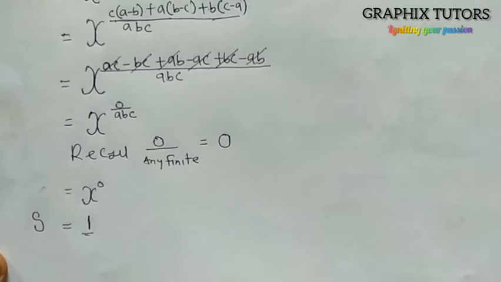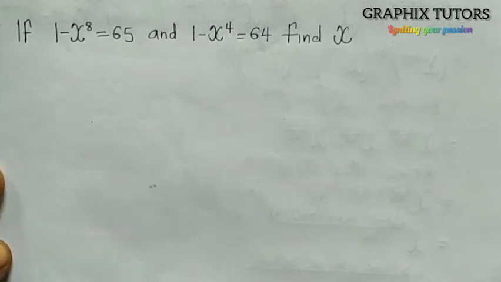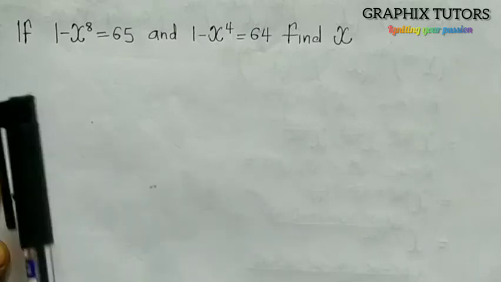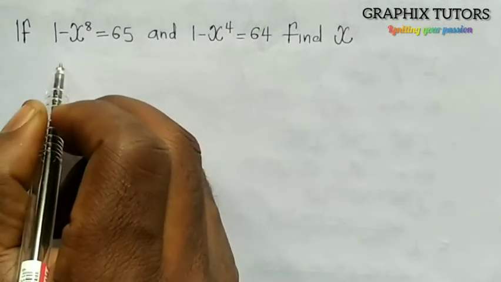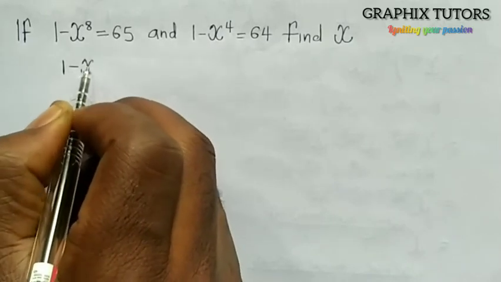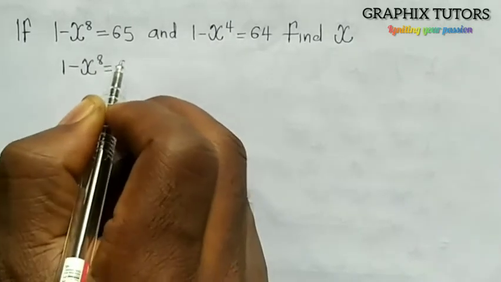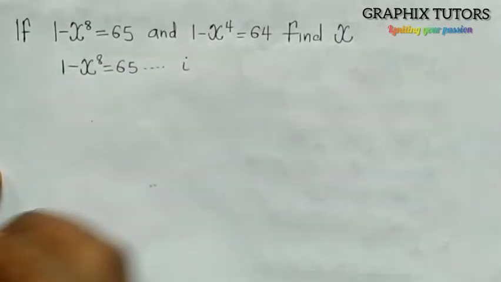Now our next exercise, the next question says, if 1 minus x to the power of 8 is equal to 65 and 1 minus x to the power of 4 is equal to 64, find x. Now we know very well that we have two different equations here. Let me call 1 minus x^8 equals 65 my equation 1.